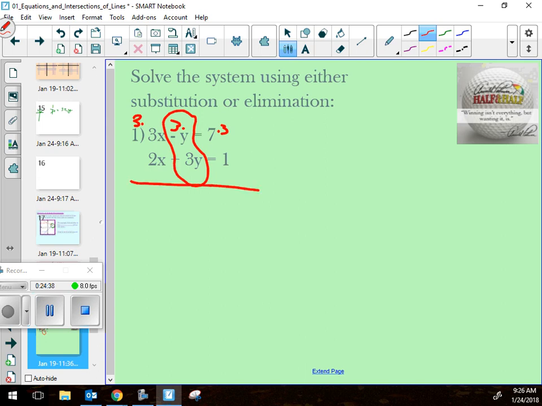So this is now 9x plus 2x makes 11x. This is negative 3y and positive 3y, which cancels. And 21 plus 1 makes 22. Awesome. X must equal 2. See how quick that is if you know how to do it? That's called elimination. That's a review of a lot of regular algebra.